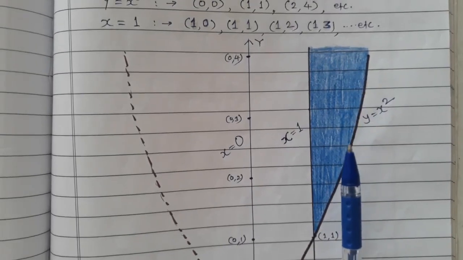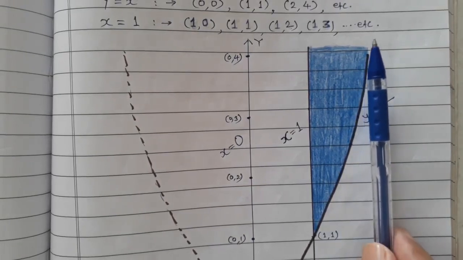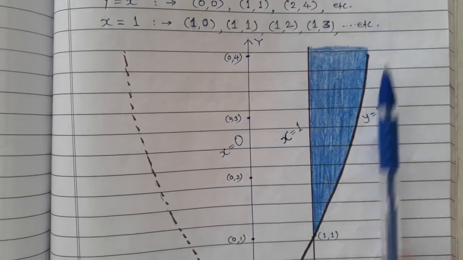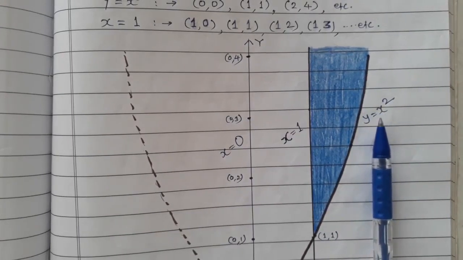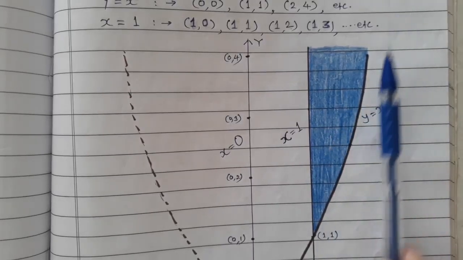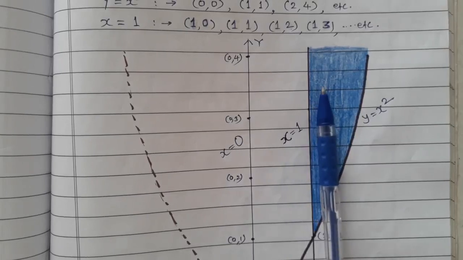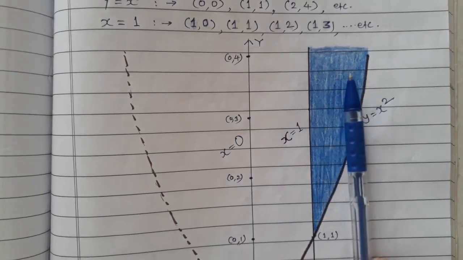See that this y equal to x square curve slowly increases along the x axis, and it can reach infinity value of x, because if I put y equal to infinity, automatically x also becomes infinity. That means this curve slowly goes to x equal to infinity also. That means x equal to 1 to x equal to infinity, those are the limits for x.